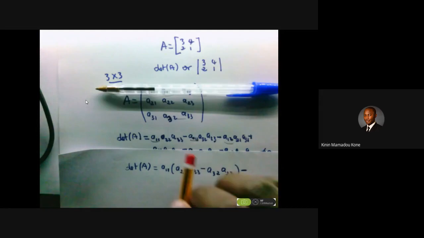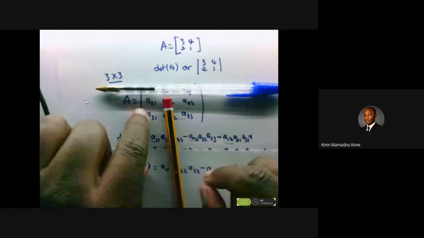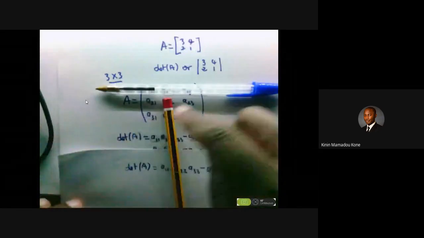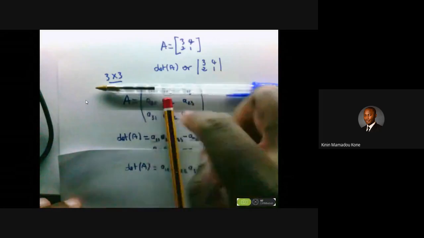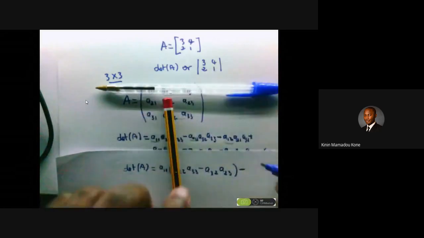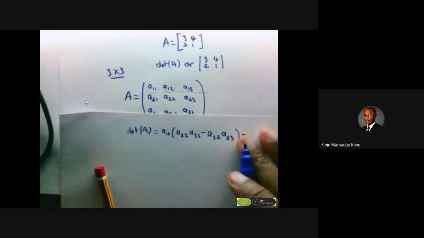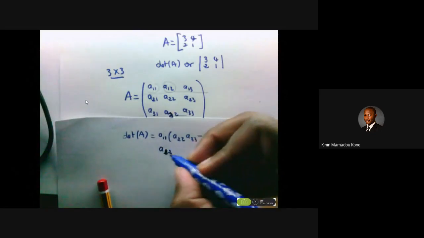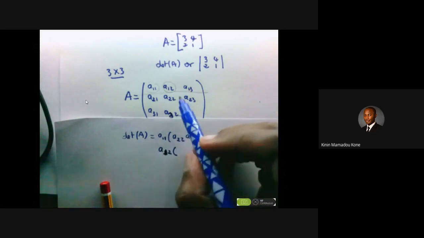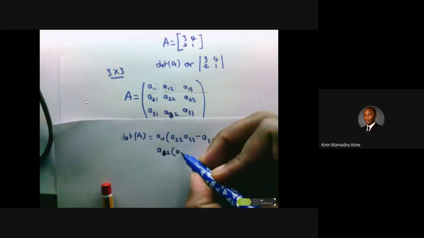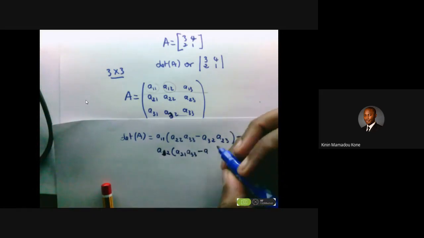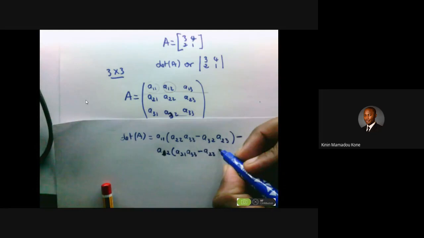I'll be left with this matrix: A21, A32, A23, A33. You're gonna do the product of these, this times that minus this times that. Put it here. A12 multiplied by A21, A33 minus A23 times A31.